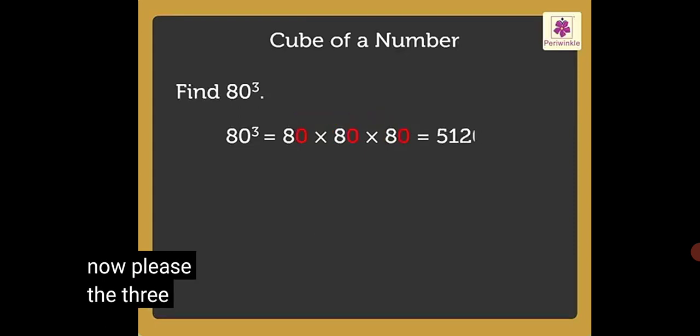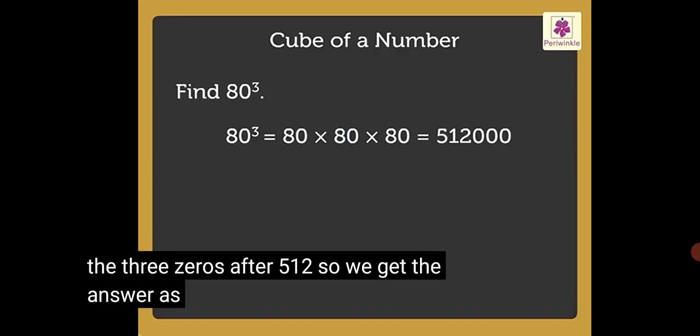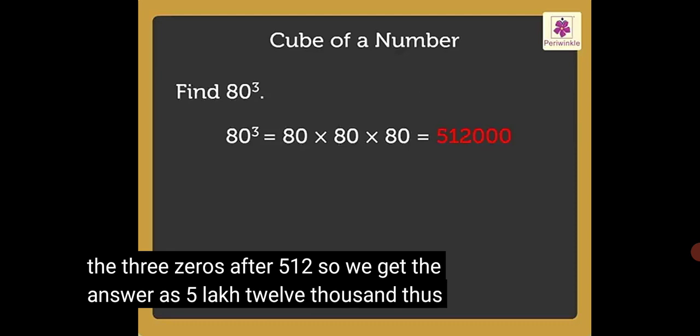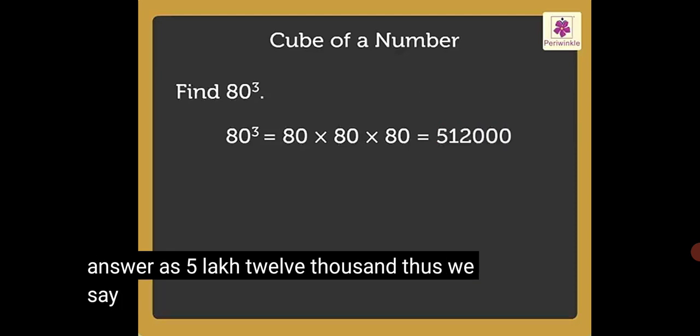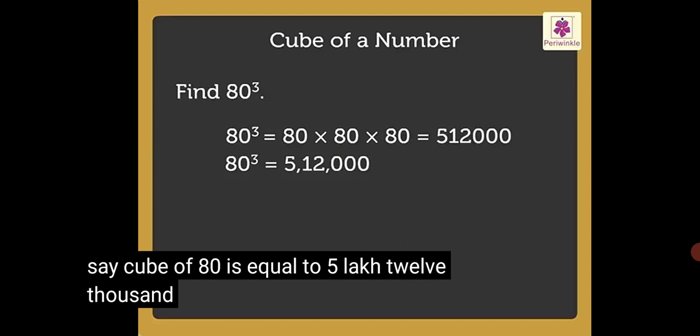Now 3 zeros after 512. So we get the answer as 5,12,000. Thus we say the cube of 80 equals 5,12,000.